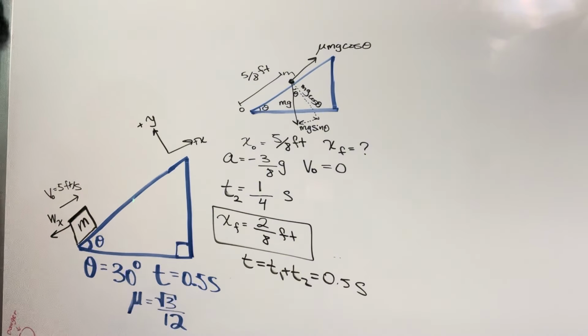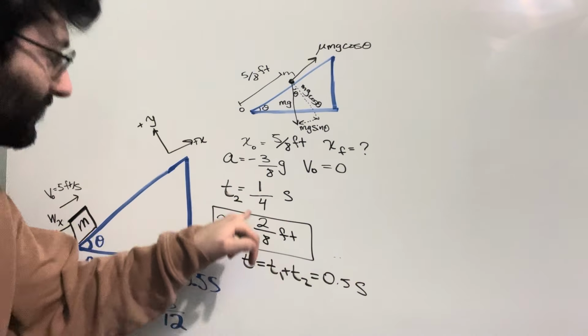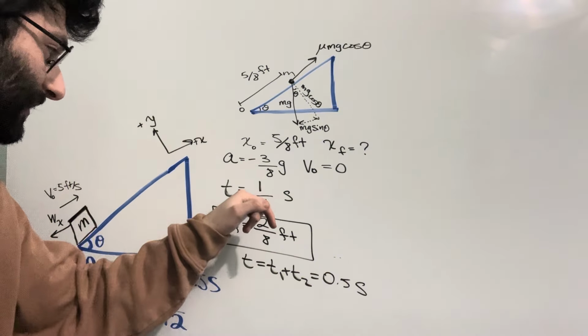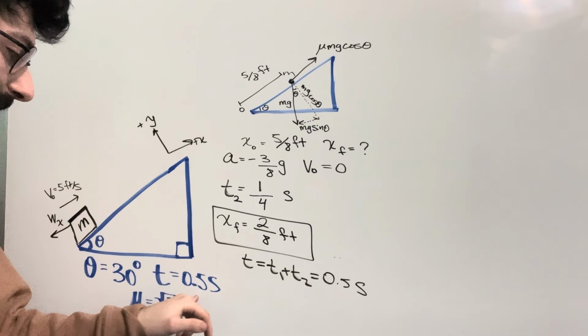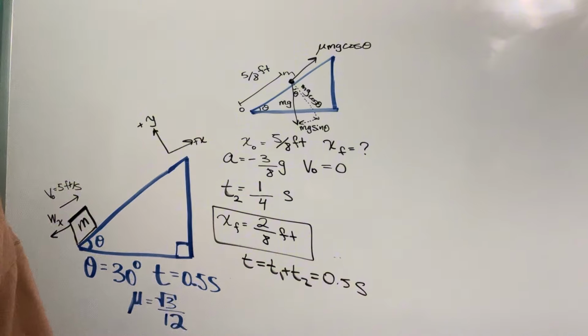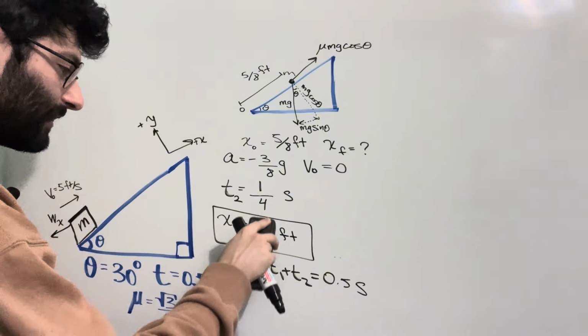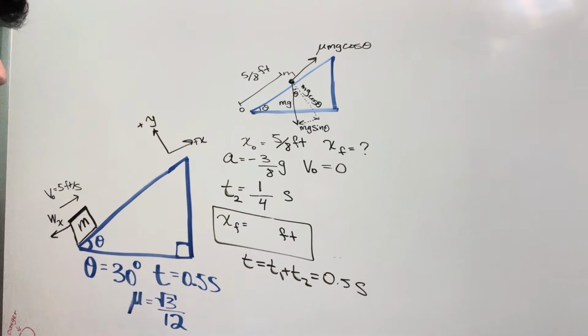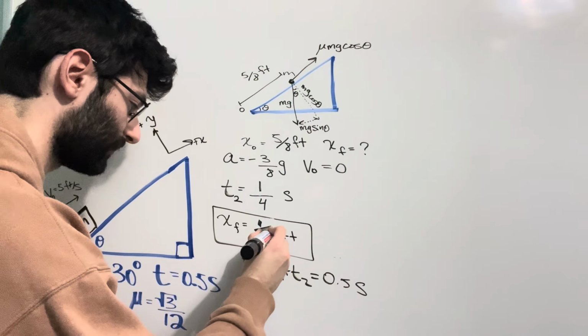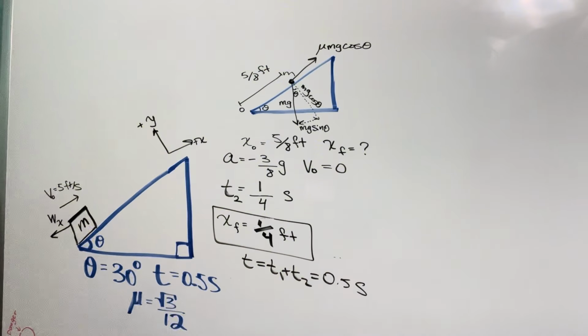But I had an inkling that's not what the problem wanted, and in fact I was wrong. Half a second minus 1/4 of a second is just a quarter, not 3/4. Our final position after half a second is 1/4 of a foot. Now we're done.